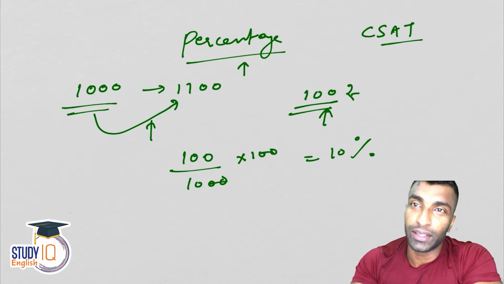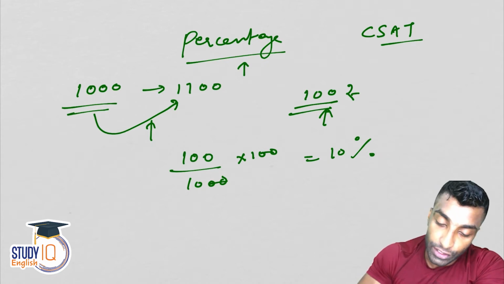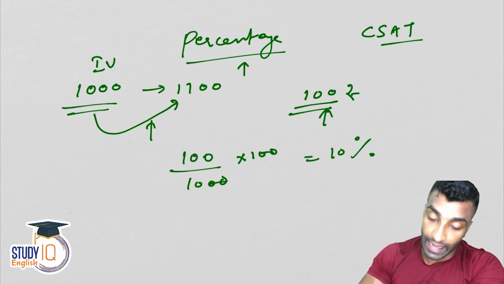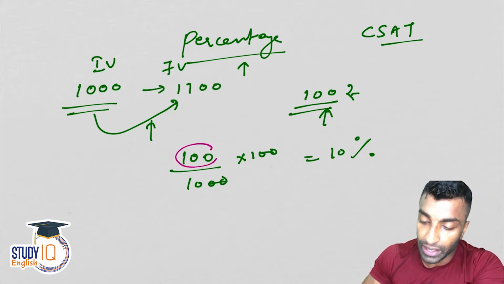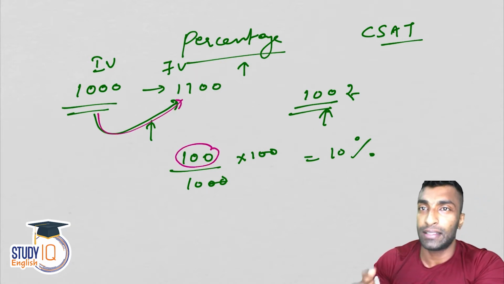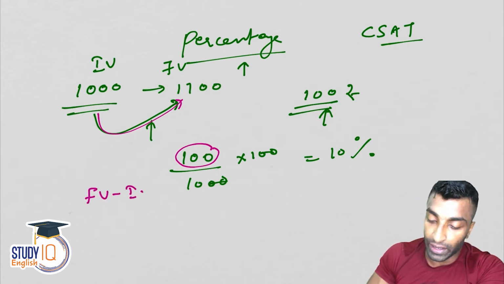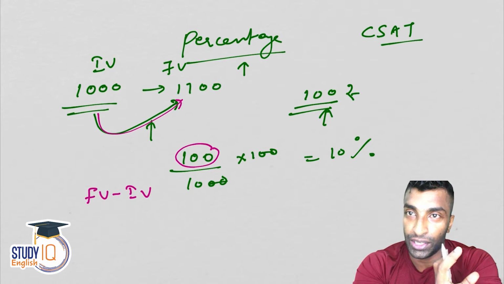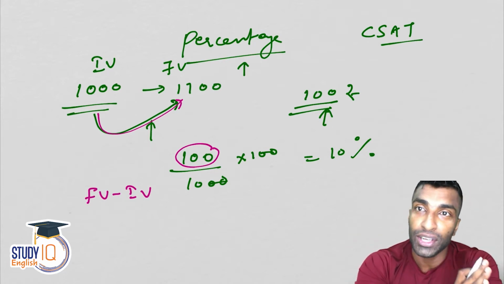You might have learned the formula, and I'm not a big fan of these formulas, but I'll just tell you. Let's say this is your initial value, initial salary, and this is your final value. How did you get this 100? This difference, that is final value minus initial value. First you have to find the difference, that is the absolute change, and then see that change is what percent of the initial value.